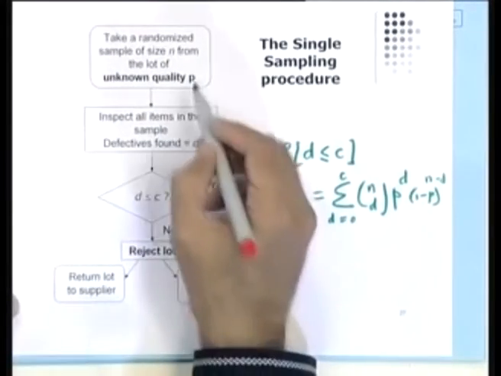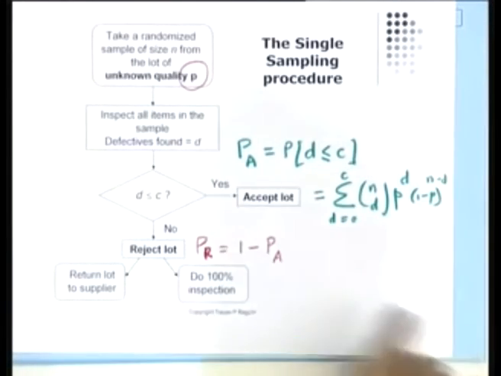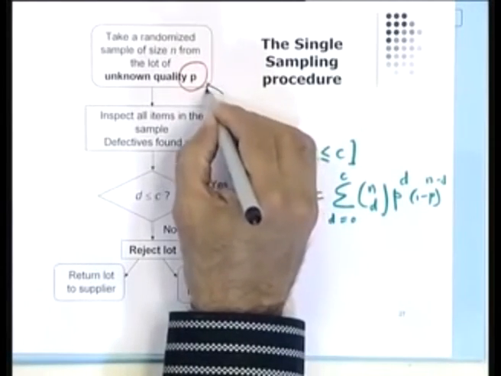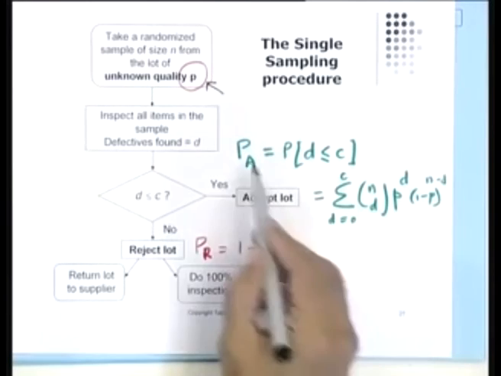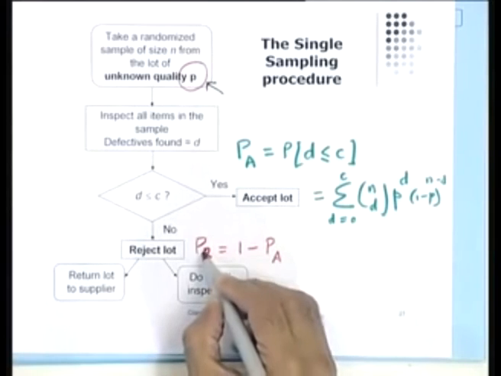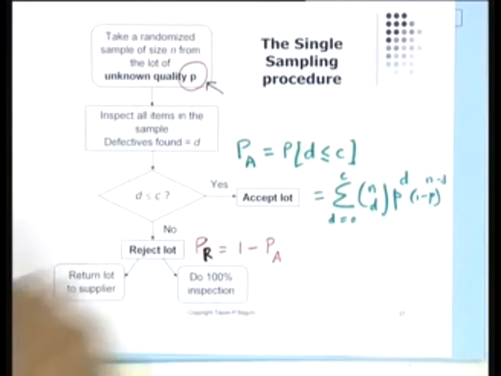In all of these, we have assumed that the input quality is P. Given that input quality is P, this is the probability of accepting the lot, and this is the probability of rejecting the lot. These two are very, very important quantities, PR and PA. In fact, they determine how the overall sampling plan is going to work, and that will follow on as we move into the later part of this lecture.